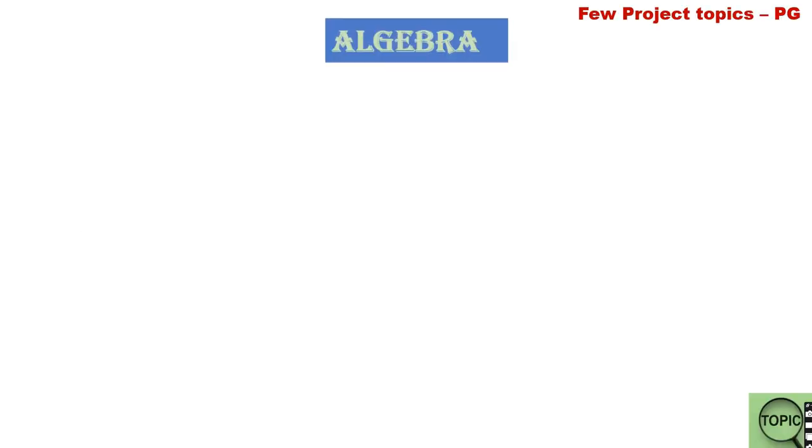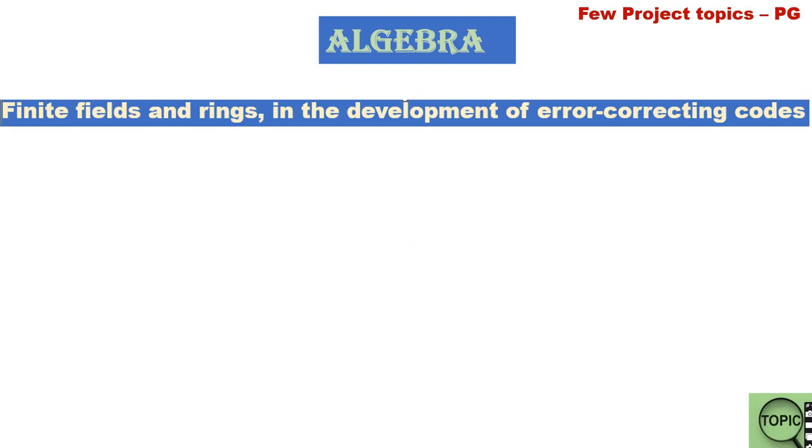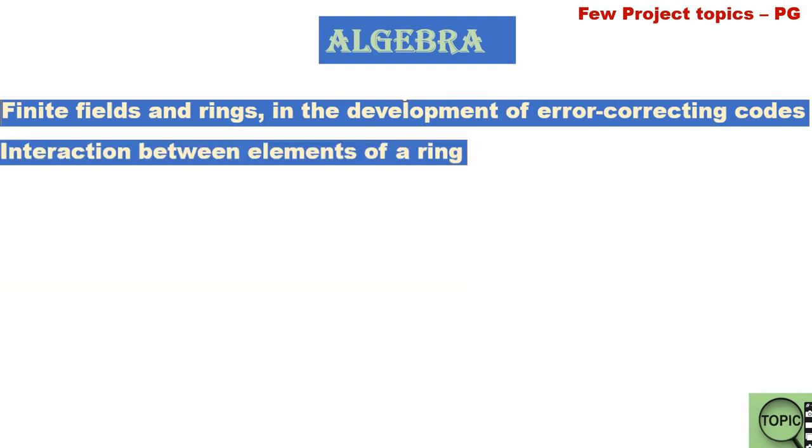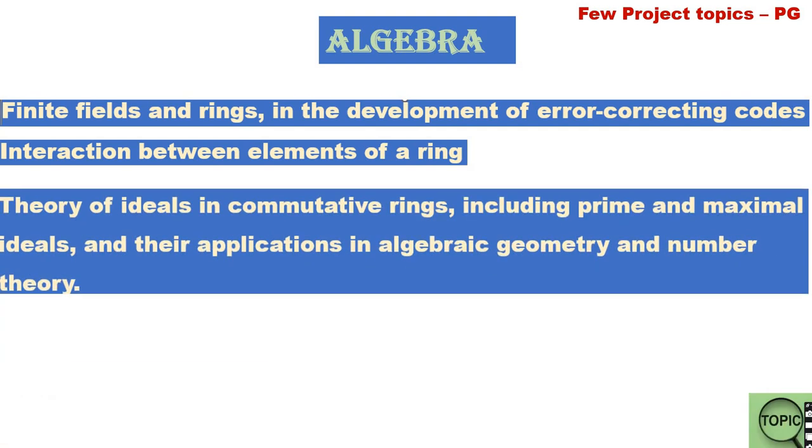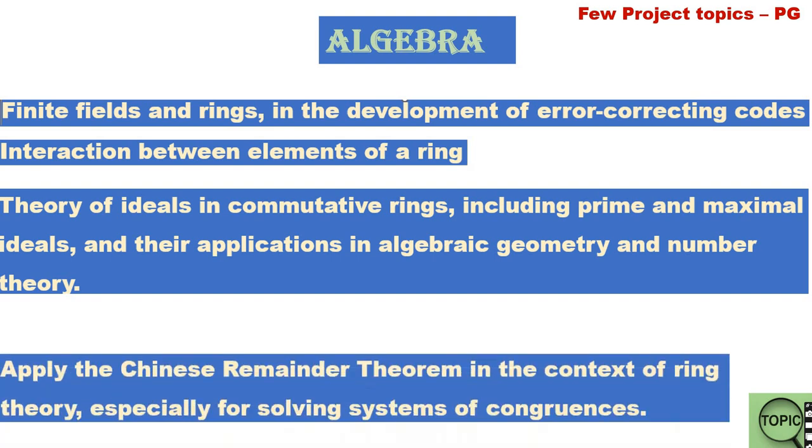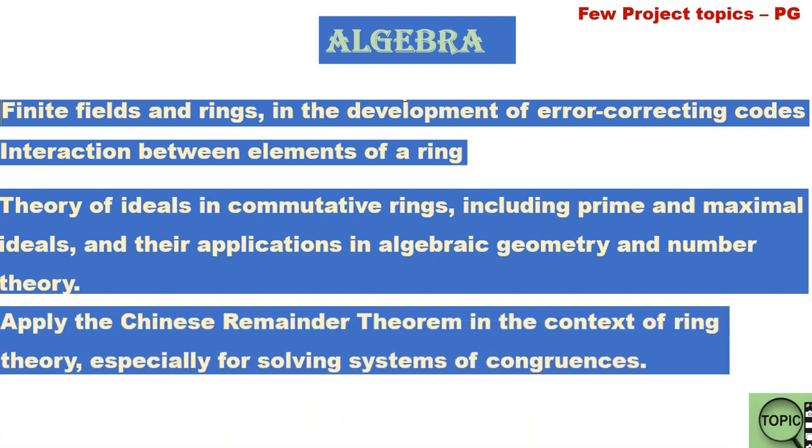Next, we have a few project topics at PG level. In algebra, you can have finite fields and rings in the development of error correcting codes, interaction between elements of a ring, theory of ideals in commutative rings, including prime and maximal ideals, and their applications in algebraic geometry and number theory. Apply the Chinese remainder theorem in the context of ring theory, especially for solving systems of congruences.